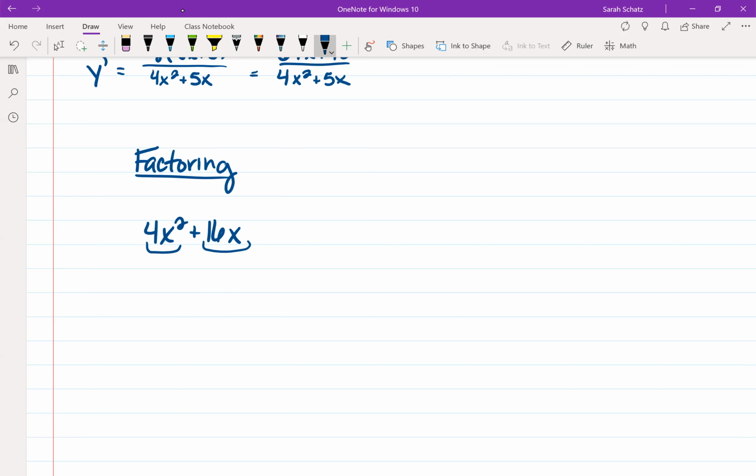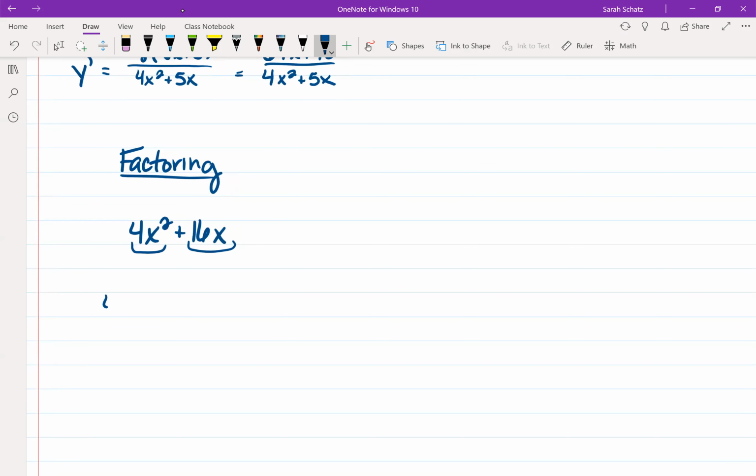This would be the method where I use greatest common factor, right? What would I take out of these? I would take out a 4x. From both terms, what would I be left with? An x plus 4. So that's one factoring method, just taking common terms out when they all have something in common. So yeah, there'll be a little bit of that.